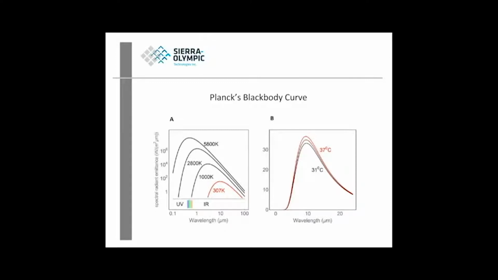And that's repeated over on the right, as you can see, the spectral radiant emittance at 10 microns for a 31 Celsius and a 37 Celsius black body. And then if you can, with your mind's eye, translate the wavelength range down to 3 to 5, the 3 to 5 lies on that slope on the left side of that curve.